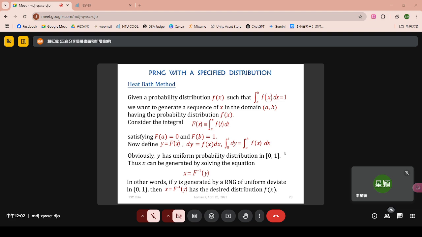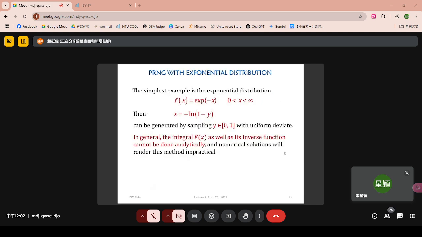The point is that this inverse usually cannot be readily solved analytically, so this may not be very useful. But there are examples where you can solve it exactly. For example, the exponential function. Suppose you want to generate a random number with an exponential distribution f(x).